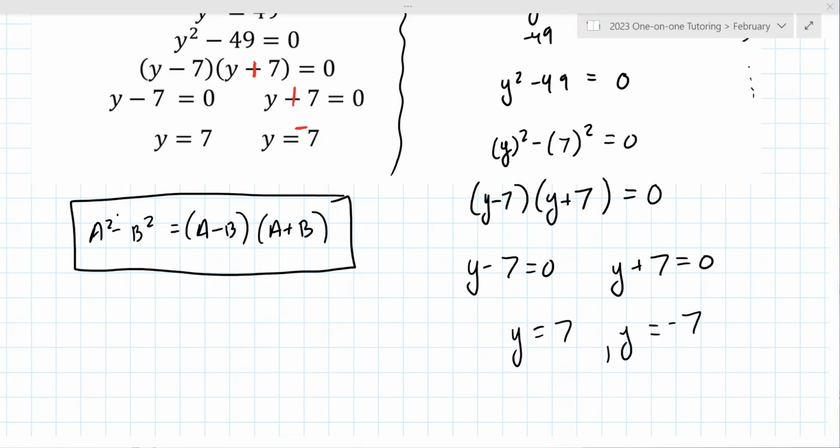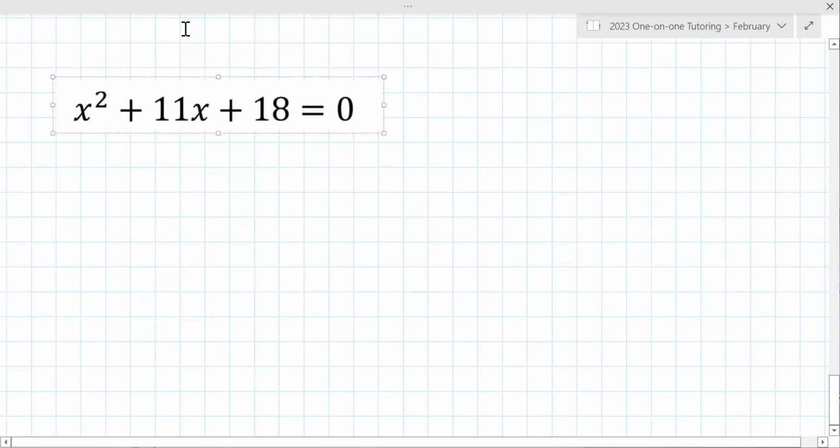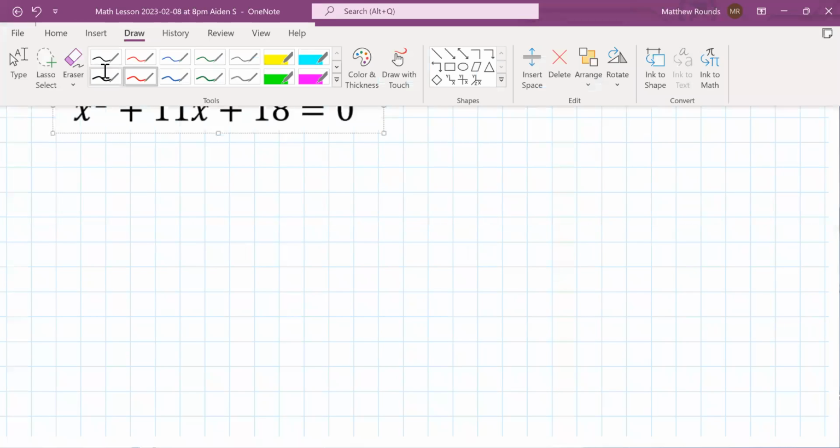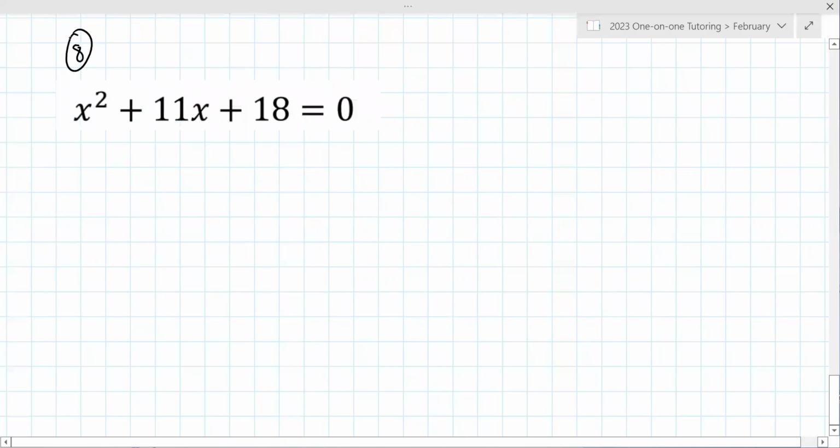All right, so for the next one here, this might be all we have time for, I want you to factor this. This is for number 8. So you're trying to find 2 numbers that multiply to 18, but add to 11.